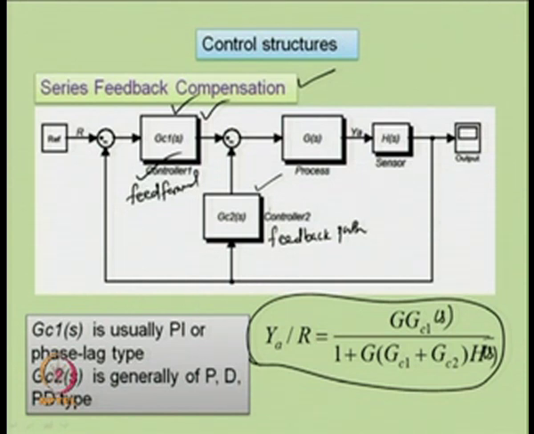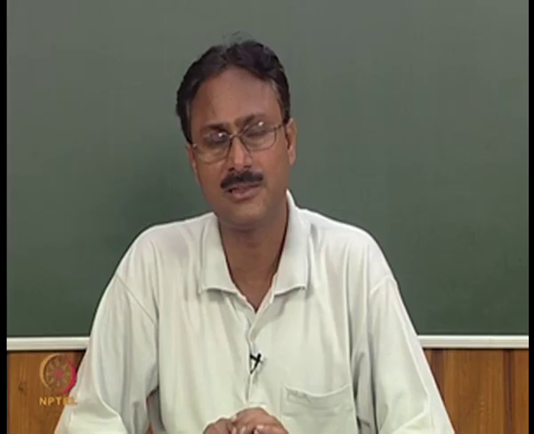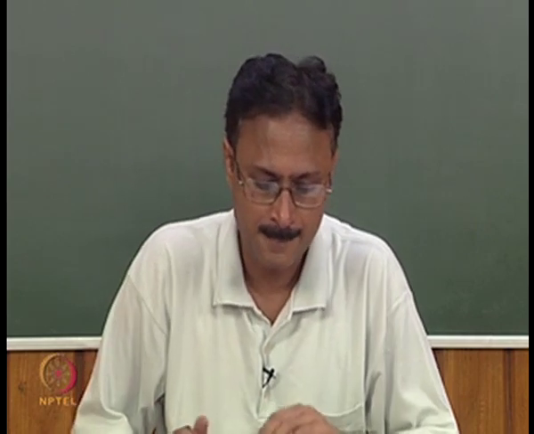So, the primary job of GC2(s), the inner controller, is to place the poles of the process at certain suitable locations in the s plane, and then GC1(s) takes care of the overall performance of the series feedback compensation scheme. That is the beauty of this scheme, which combines the benefits of series and feedback compensation schemes.